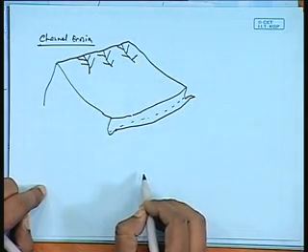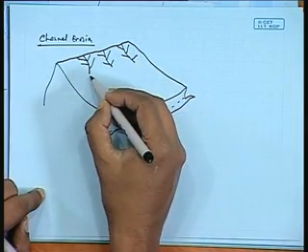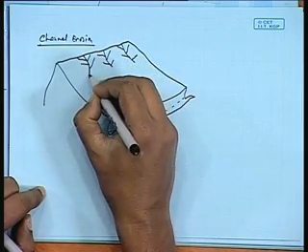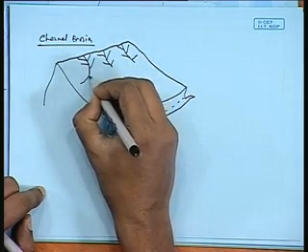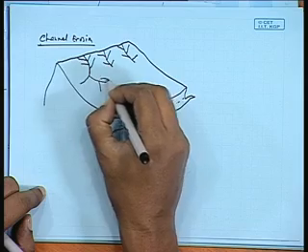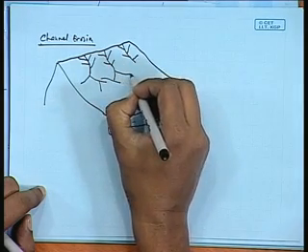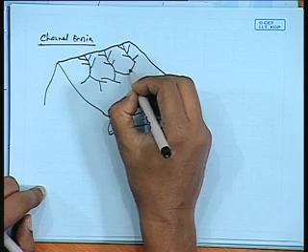Now this would begin to expand over time. It would again take a turn, and two channels would combine together somewhere.